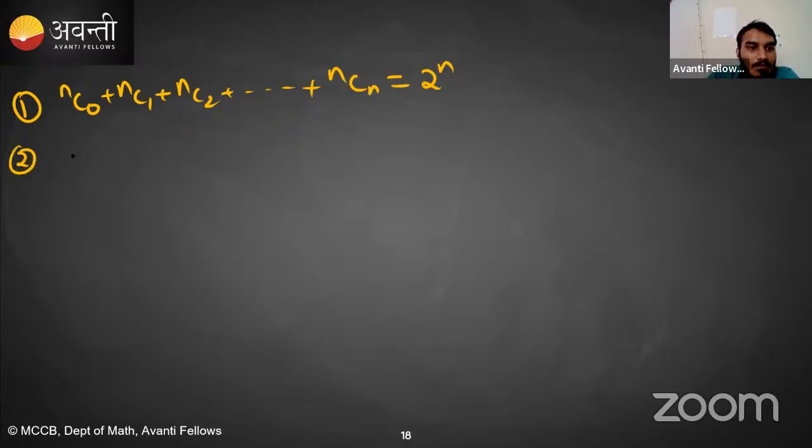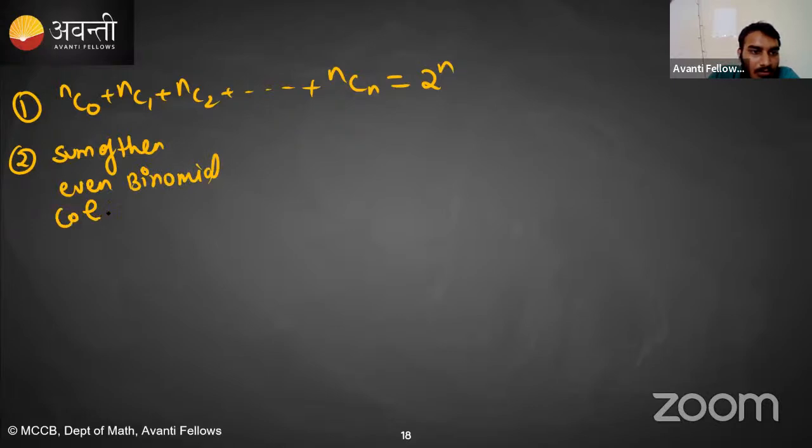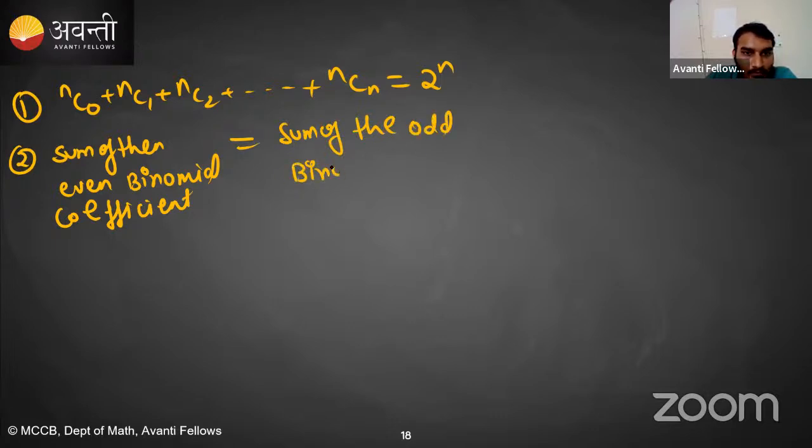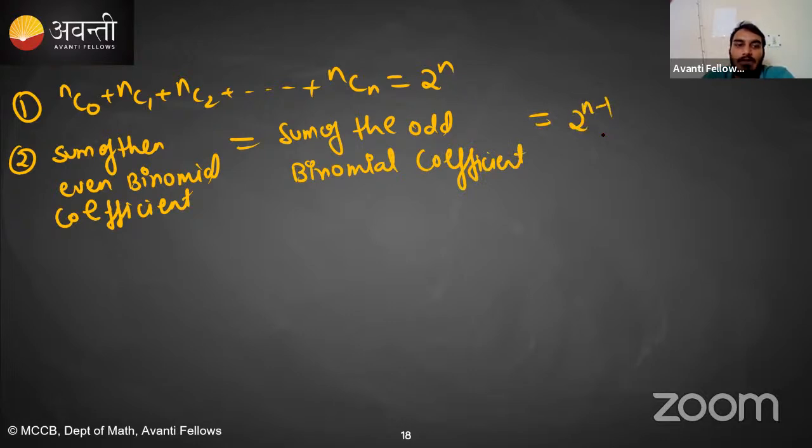Second is sum of the even binomial coefficients is equal to sum of the odd binomial coefficients, which is equal to half of 2 raised to the power n, means 2 raised to the power n minus 1.